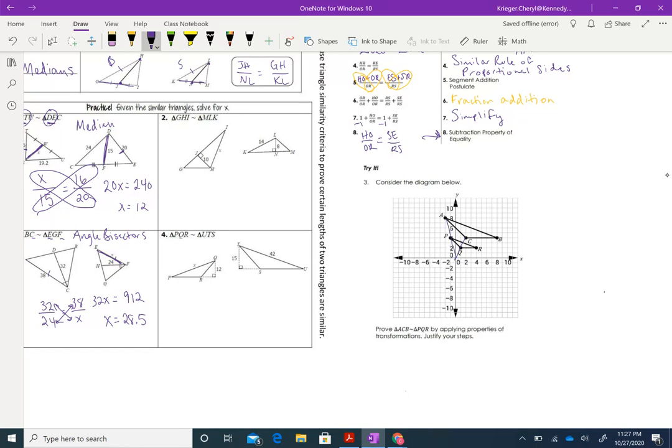They look like they're growing, right? And that means if they're growing or changing, it's non-rigid. The only transformation that we know that's non-rigid is our dilation. So it's definitely a dilation.